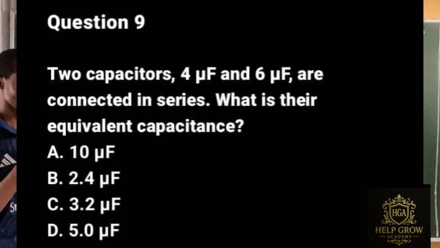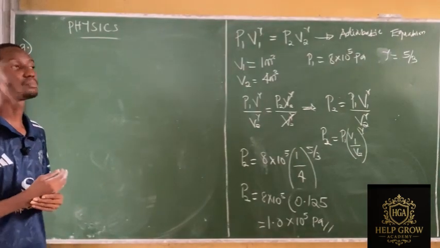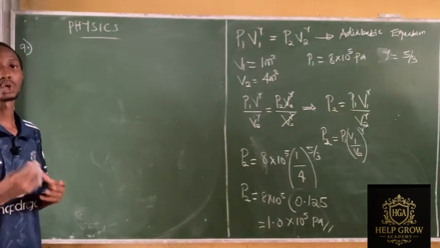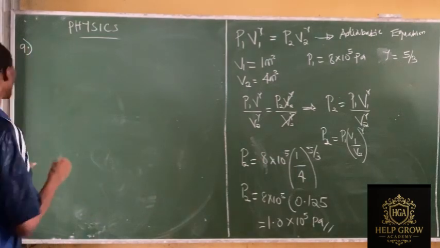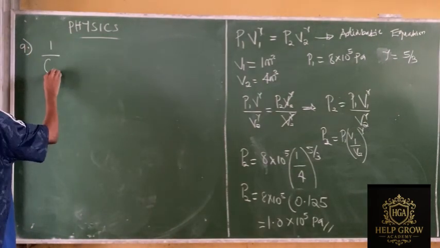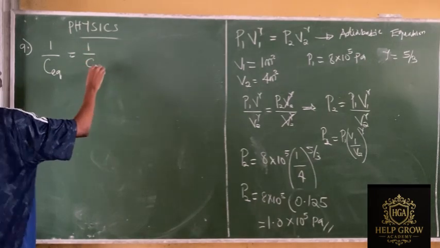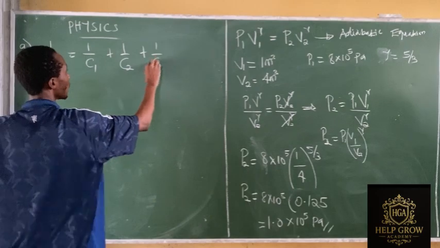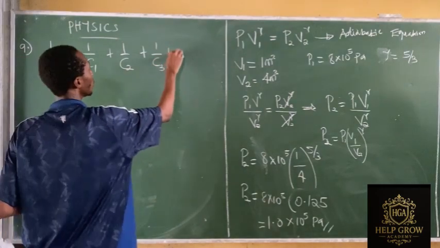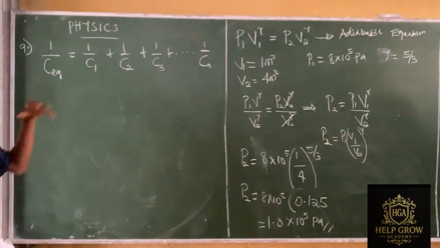We have the options there, A, B, C, and D. The term capacitance simply means the ability to store electric charge. For series connection, we have 1 over the equivalent capacitance is equal to 1 over C1 plus 1 over C2 plus 1 over C3 plus 1 over Cn. So any number at all, any number of capacitances.